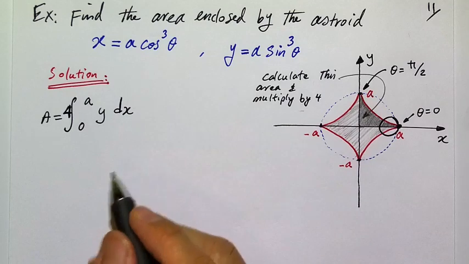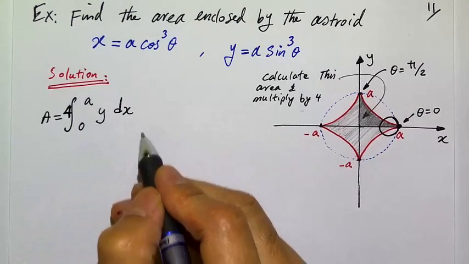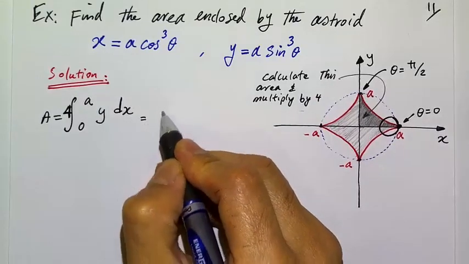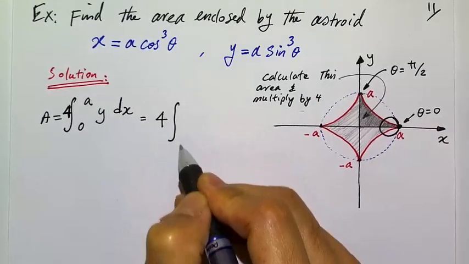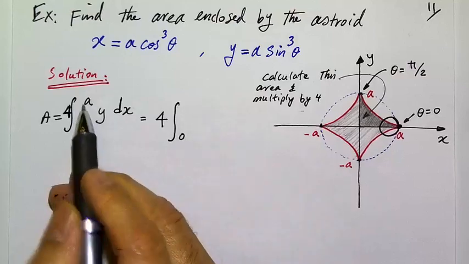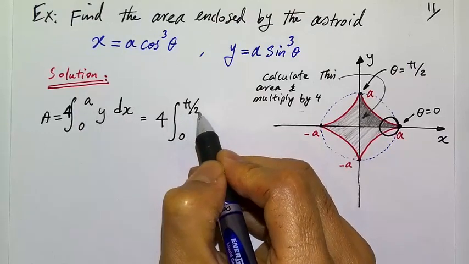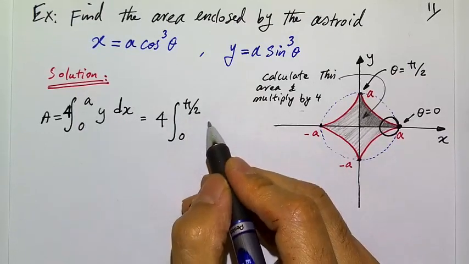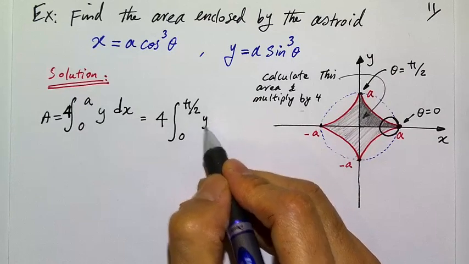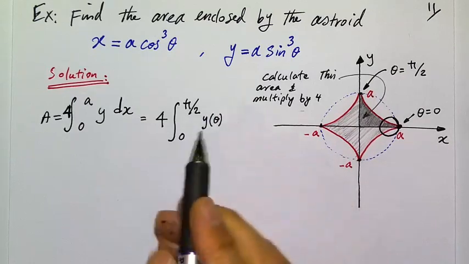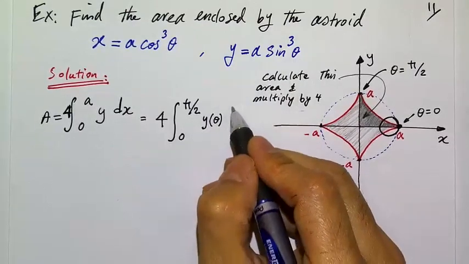Okay? So then let me rewrite this as 4 times the integral from 0, instead of a, we're going to say pi over 2, and then y as a function of theta, d theta.